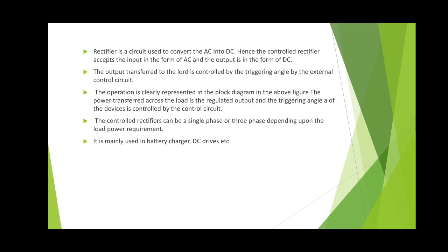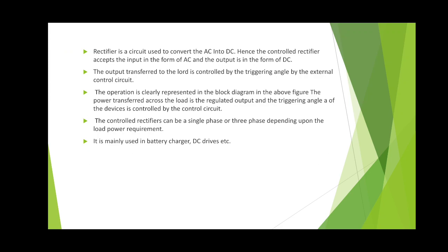Then depending upon the quadrant operation, these are semi converter, full converter and dual converter. A semi converter is a one quadrant converter, a full converter is a two quadrant converter, and a dual converter is a four quadrant converter.